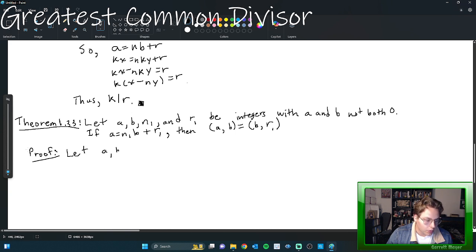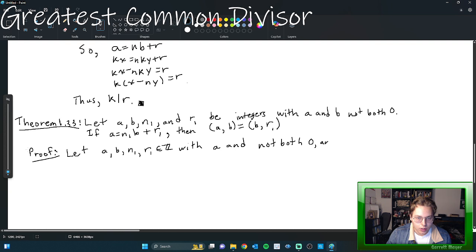We're going to let A, B, n1, and r1 all be integers with A and B not both 0, and let A equal n1 B plus r1. And to start, we're going to note that since A and B are not both 0, the GCD of A and B is well defined.